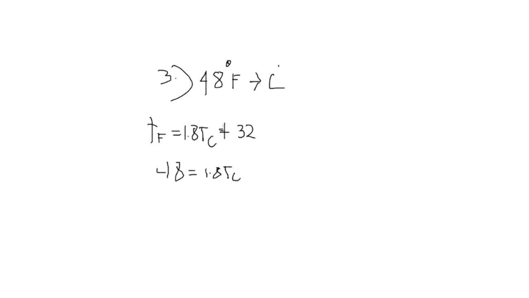So 48 dun sa kaliwa. Then 1.8 times TC plus 32. And then let's just apply some properties of algebra. So 48 minus 32 is 16, equals 1.8 times temperature in Celsius. So what we're going to do now is divide both sides by 1.8.